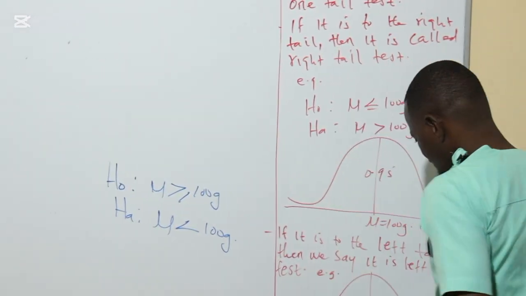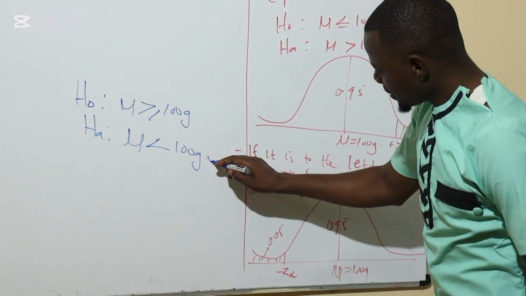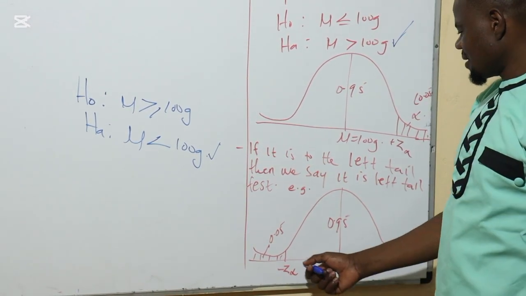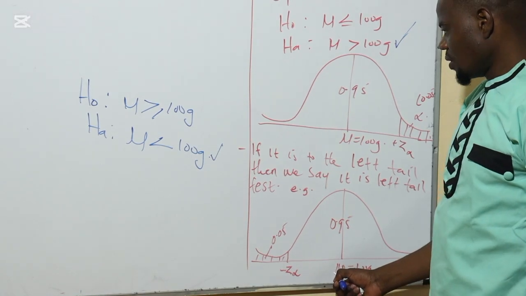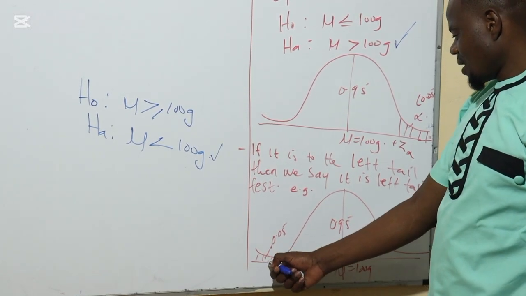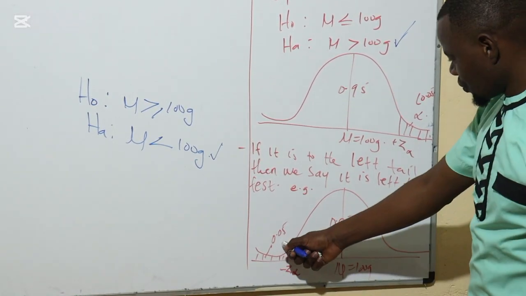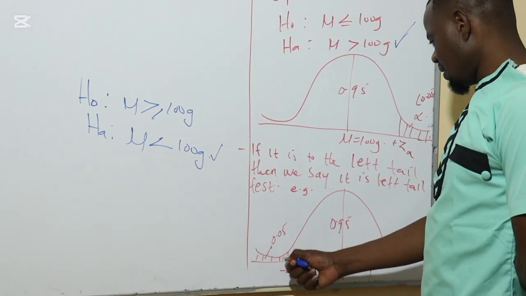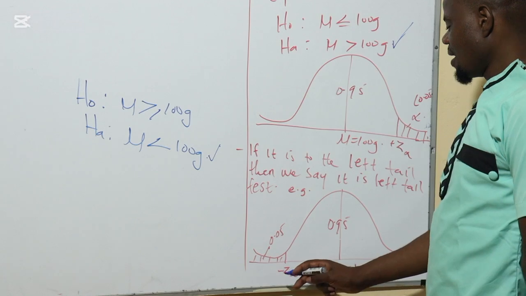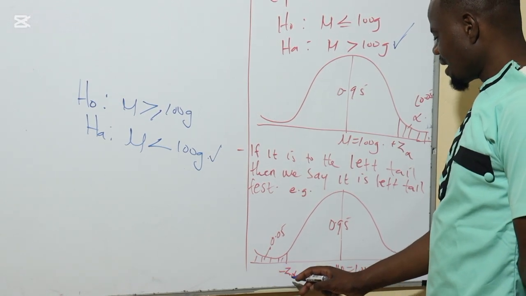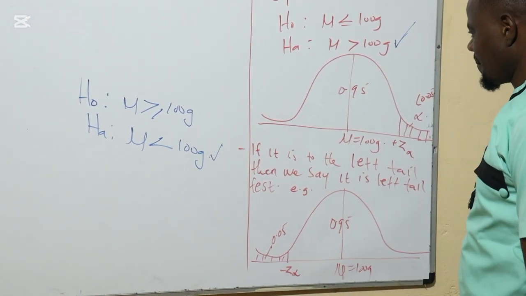So if here is where you have the mu, remember we are looking at the alternative. Values that are less than 100 will be onto the left of the mu. So I've just worked it on the left side of the sampling distribution. Don't divide alpha by 2, it is just 0.05 and this is 0.95. And the critical value will be a negative z of alpha.